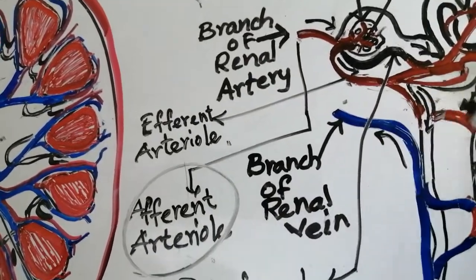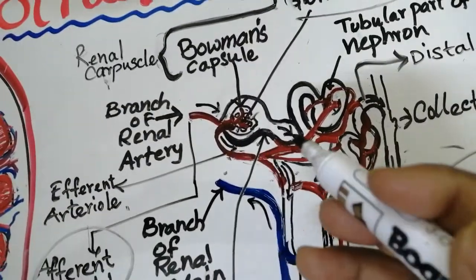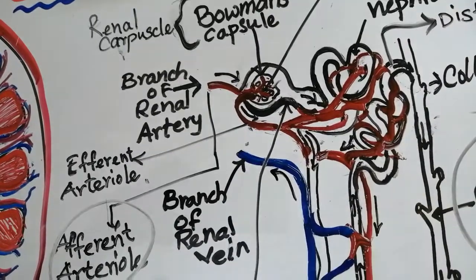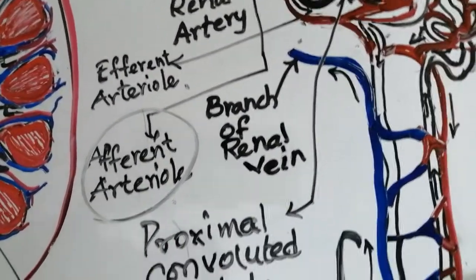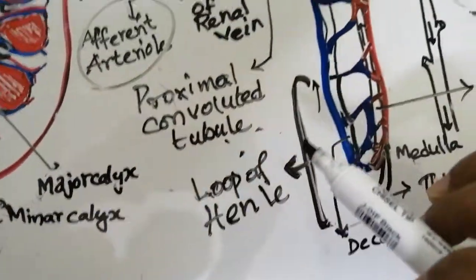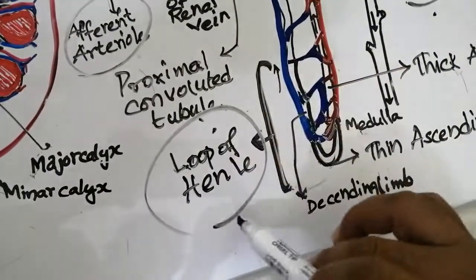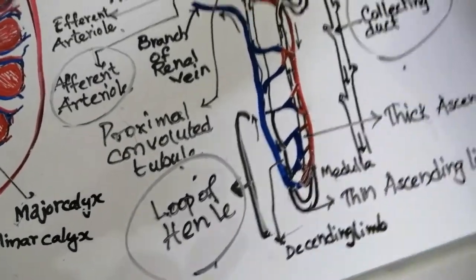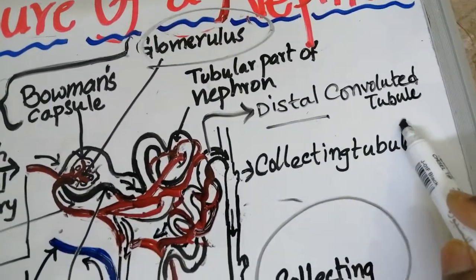The nephron starts from the Bowman's capsule and consists of the proximal convoluted tubule, which I indicate here, then the loop of Henle, and then the distal convoluted tubule.